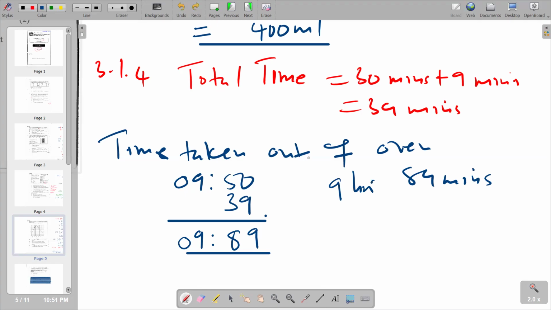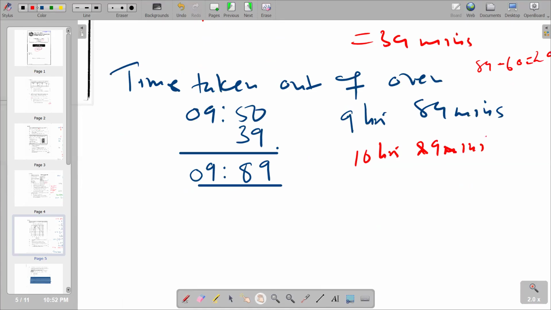So from there, we know that 1 hour is 60 minutes. So it takes 60 minutes out of 89, and the hour becomes 10 hours. 89 minus the 60 minutes that we've taken out means we're left with 29 minutes. So the final time is 29 minutes past 10. So this is our final time.